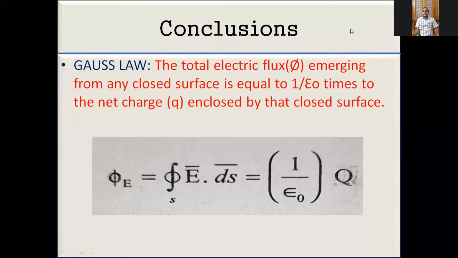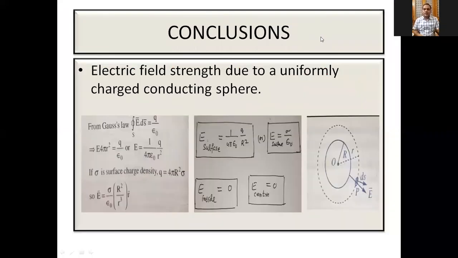In the present discussion, first we defined the Gauss law. The total electric flux coming out through any closed surface, that is the surface integral of E dot dS, equals 1 by epsilon naught times the charge enclosed by that surface. Then we applied that Gauss law for volume charge distribution.